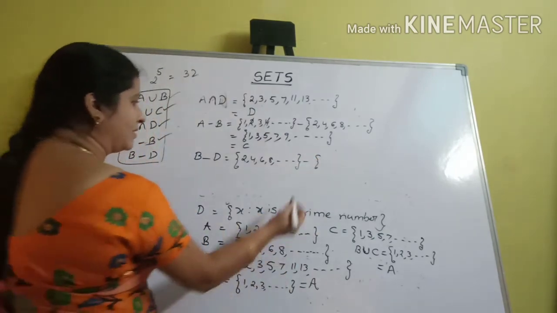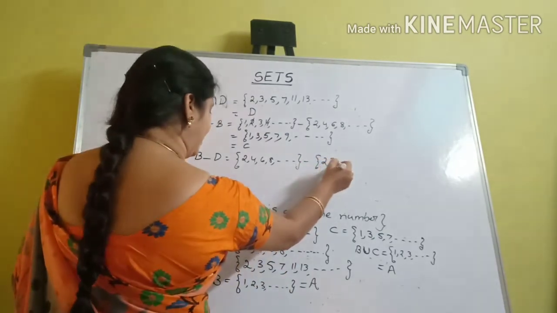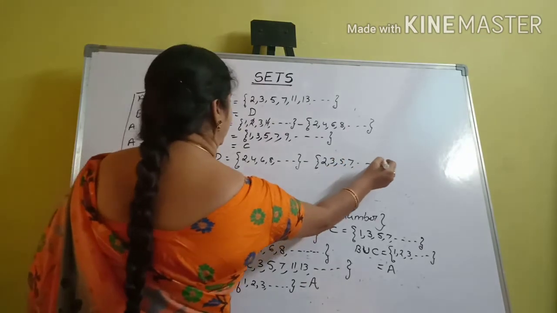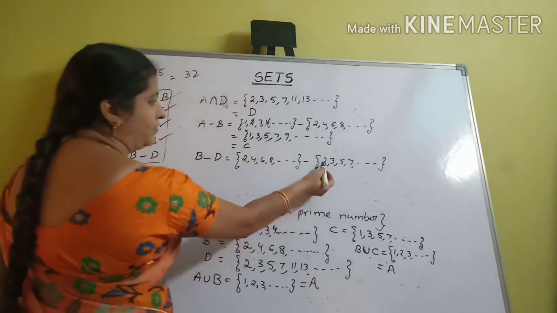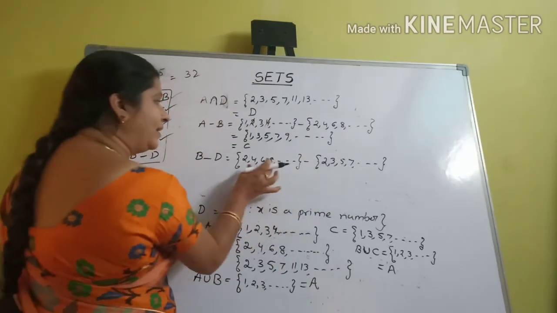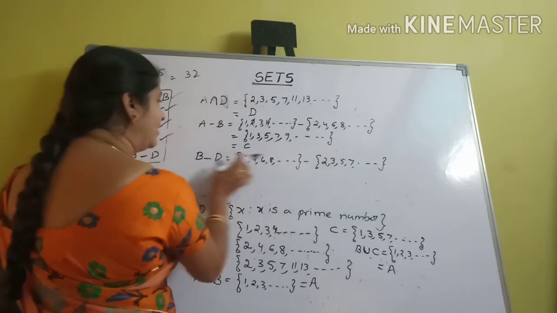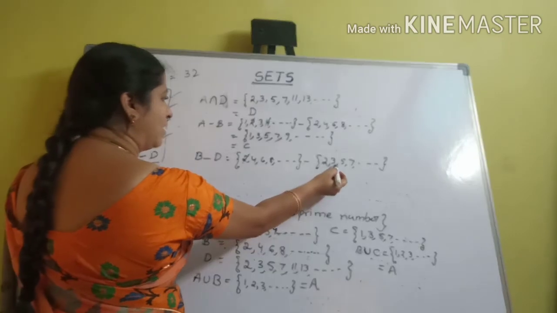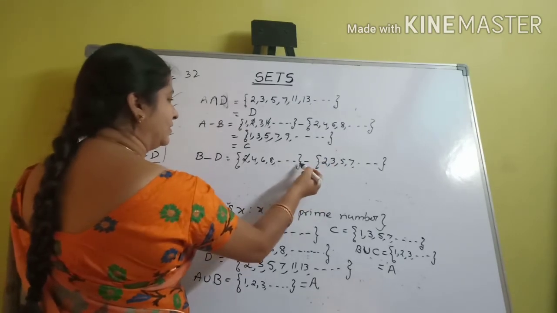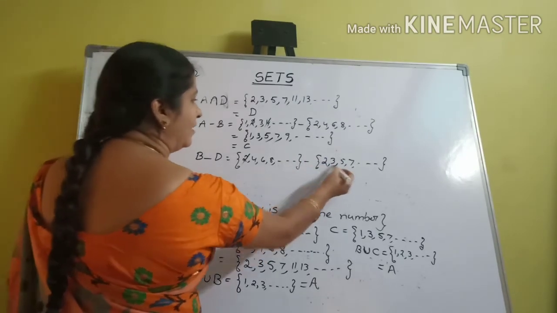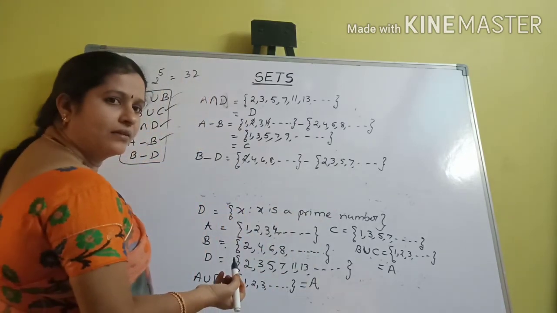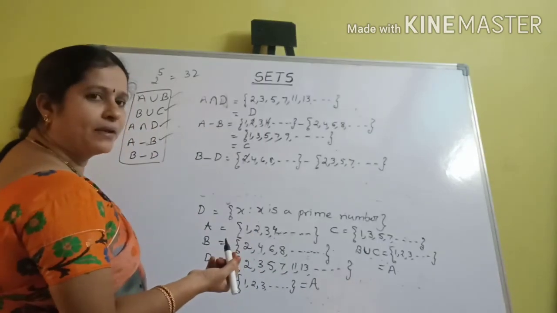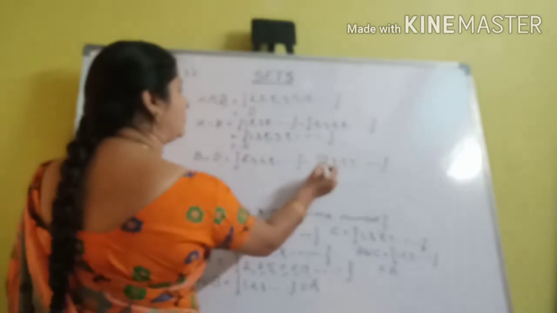D means prime numbers: 2, 3, 5, 7, etc. First you cancel the elements of D in set B. So 2 is here, 2 cancels, 4 is not there, 6 is not there, 8 is not there. Is there any even prime number? Only 2 is the even prime number.